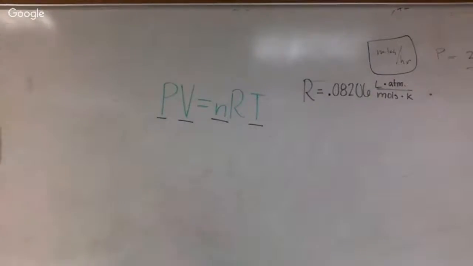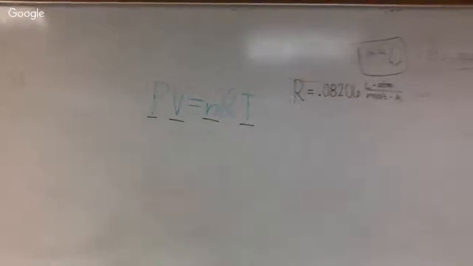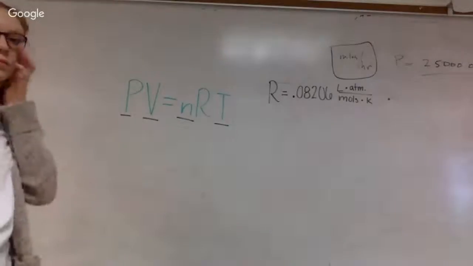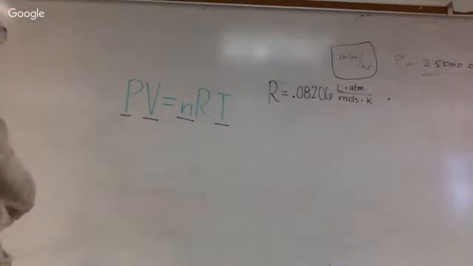So what actually makes this a little bit challenging is that often in problems, and by often I mean always in problems, they're going to give you units that don't match up perfectly with the units in the gas constant. Because we have that constant in the problem, it has specific units, it means that all of the variables that are underlined, see the P, V, N, and T, all of them must be in the units that are given in the gas constant. Are you with me?